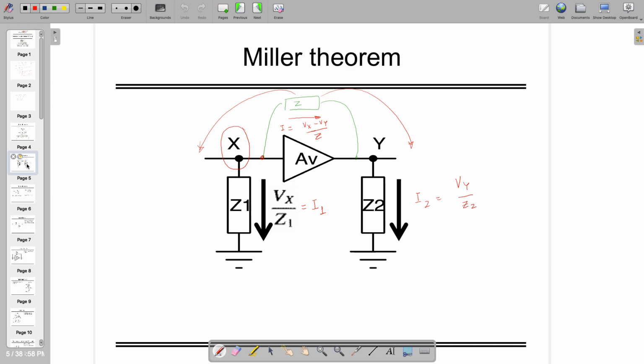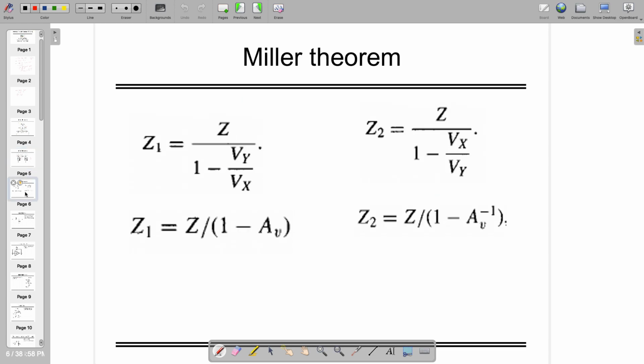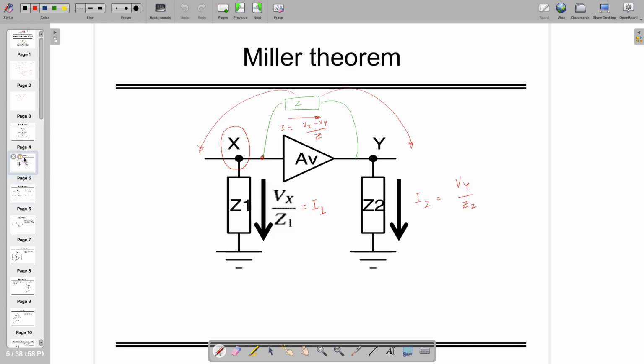So as I told you, there are two equations, I1 and I2, which we already found out from both the sides. So what I'm saying is that the current flowing through this X in this direction, I, has to be equal to the current which is going towards ground. By the way, this is also a reference point, so both the currents have to be equal.